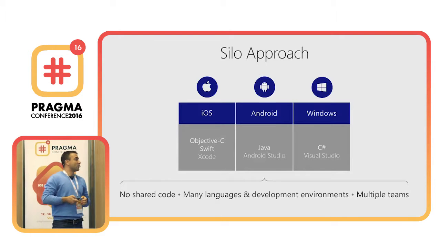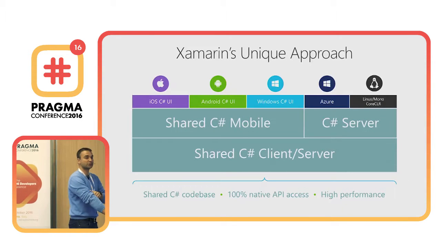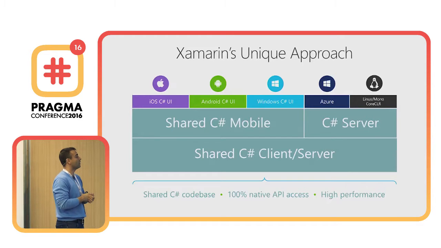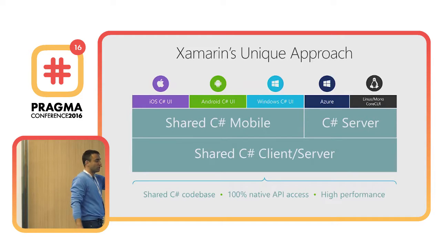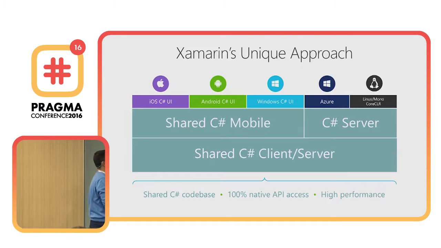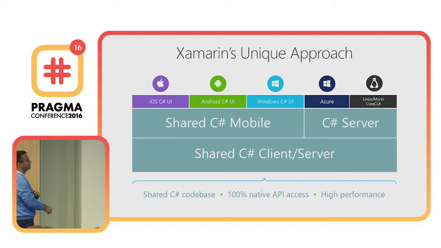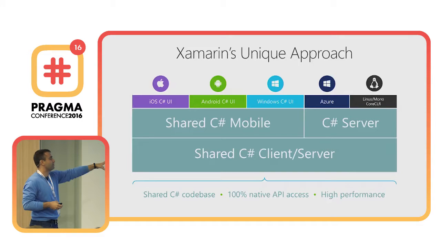The Xamarin approach is enabling C# for developing on iOS and Android. What do we get? We can use C# on both client and server, so we can share code models, for example. We can share code between the mobile application and the web part.